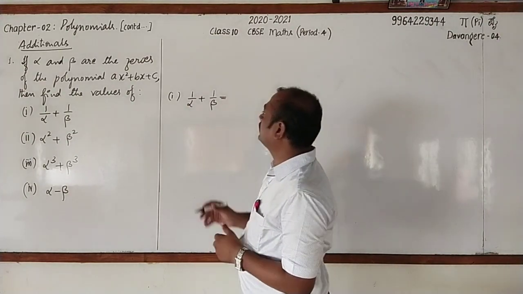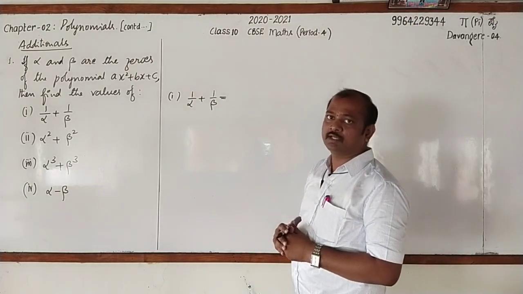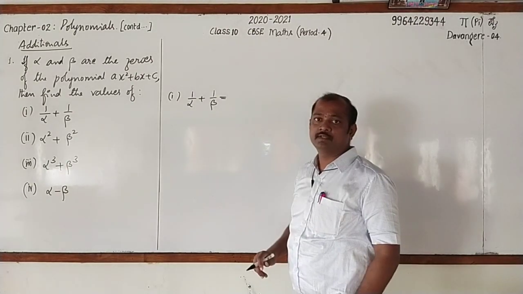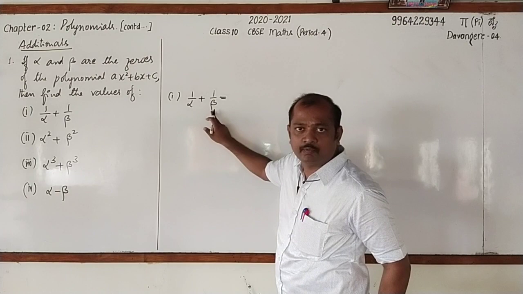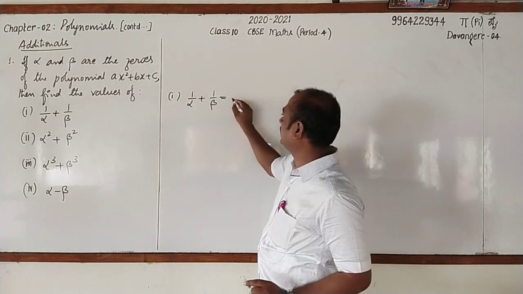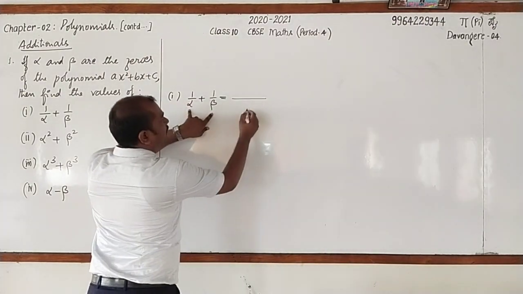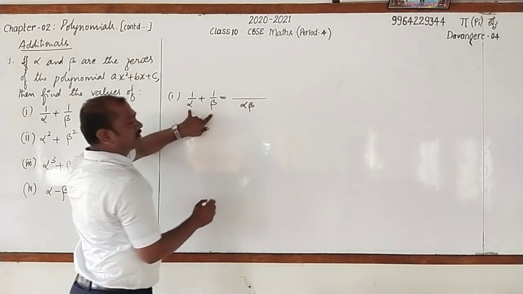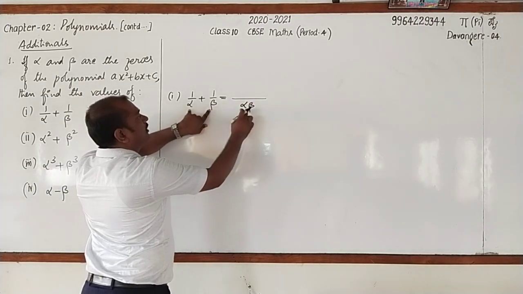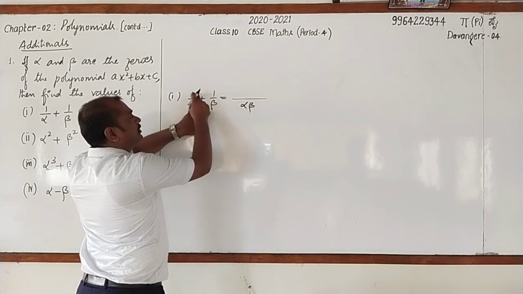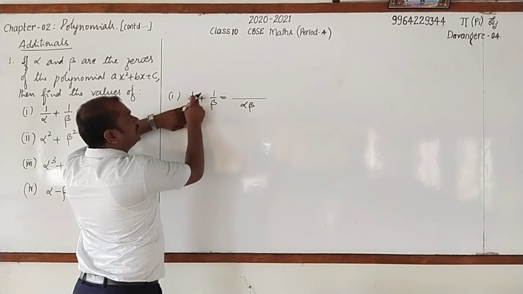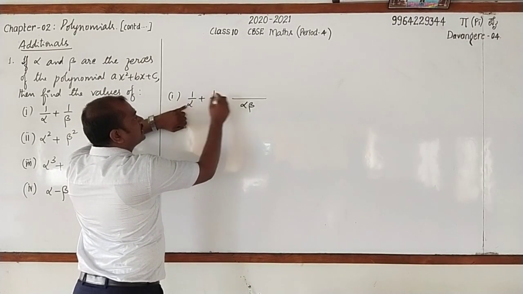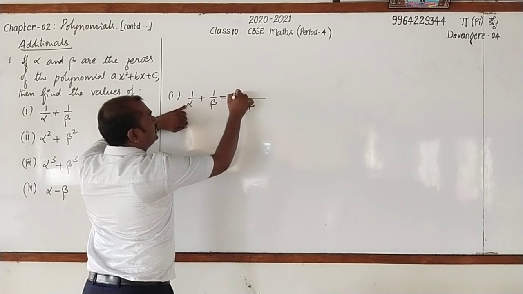Observe this. 1 by alpha plus 1 by beta is here. How do you simplify this? Yes, can we take the LCM? You are right. These two are different terms, so their product will be the LCM. Then multiply the LCM with each term. When you multiply here, alpha gets cancelled, beta will remain, beta into 1 is beta.